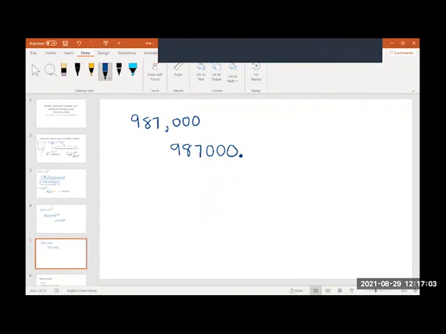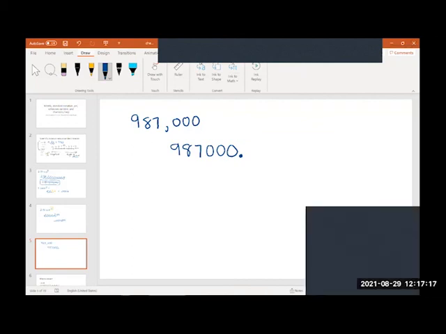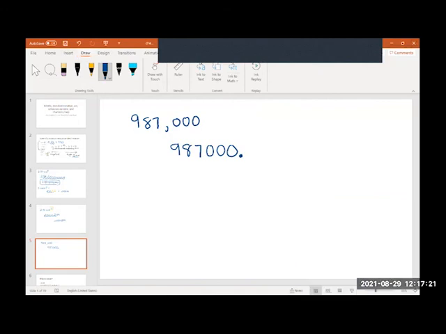Now, to send this number in scientific notation as a compressed zip file, if you will, using my analogy, we must move the decimal point so that we only have one number to the left of the decimal point that is between the number 1 and 9.